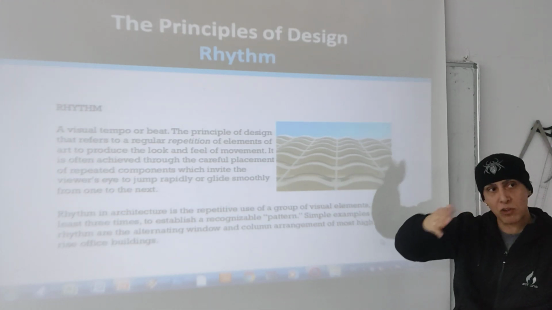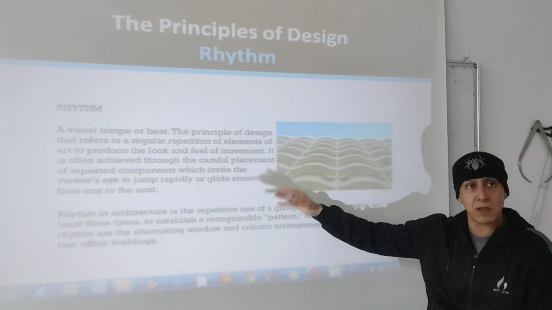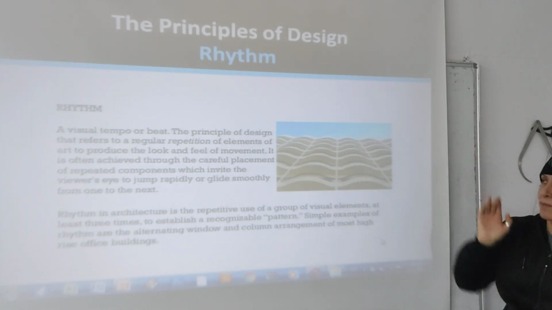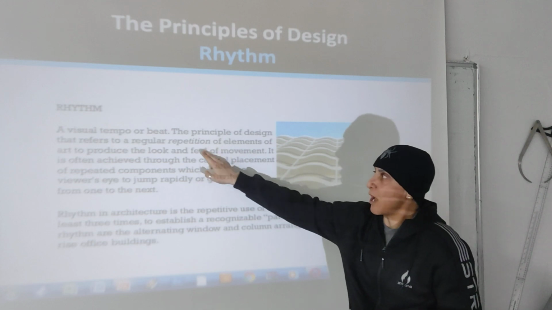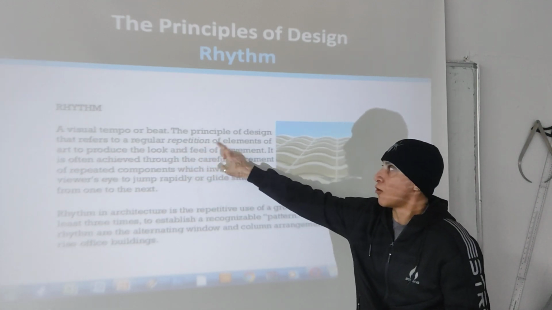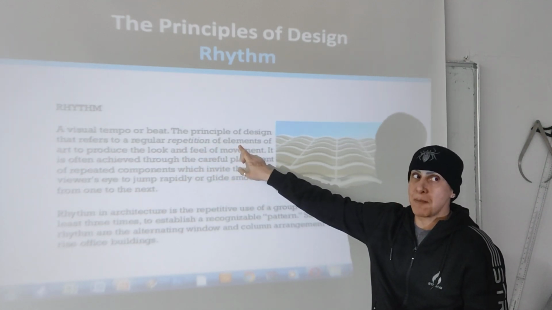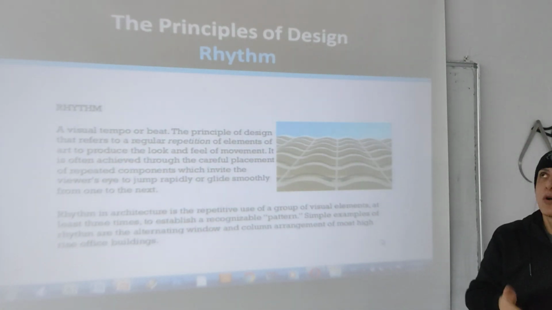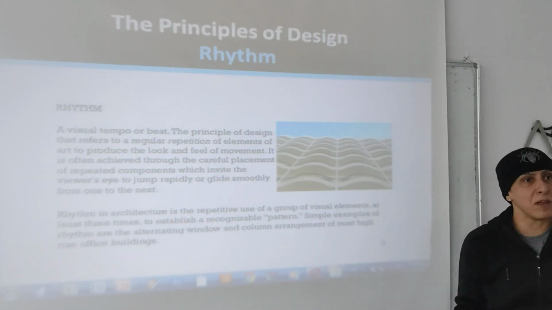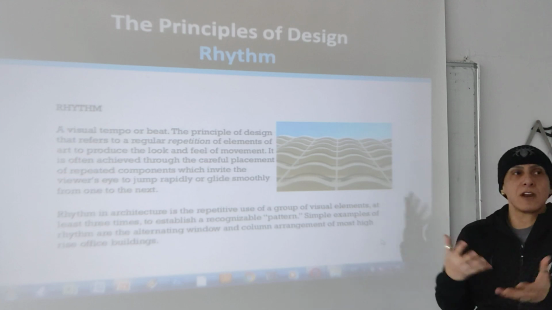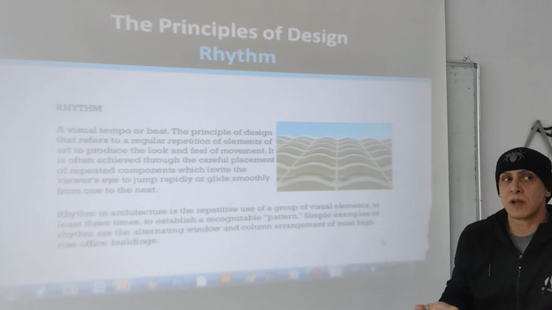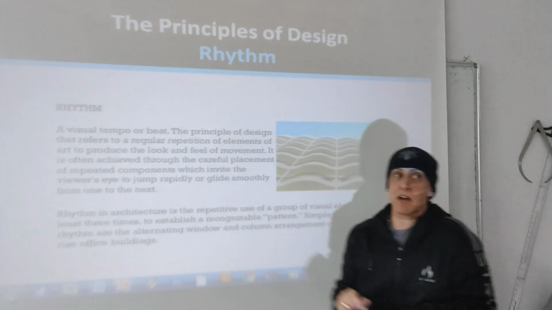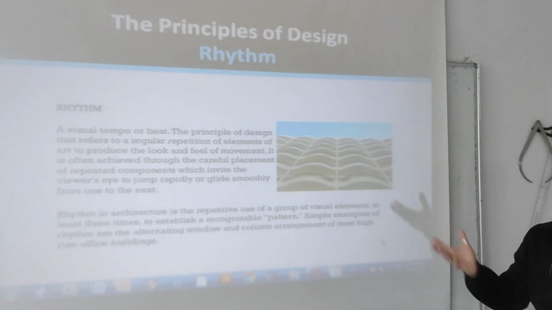A particular line keeps repeating, as well as this. Every time we have repetition of a particular element, it creates a rhythm. Now, what we repeat, how we repeat it, every time we create different effects of rhythm. But we need to have repetition to have rhythm in a design.